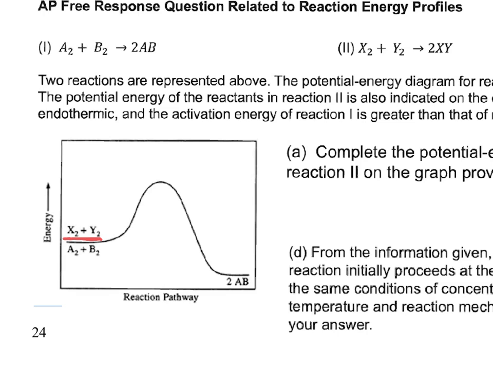Which one has the greater activation energy, 1 or 2? 1, which means that my hill has to be underneath reaction 1. Then it says, is reaction 2 endo or exothermic? Endo.